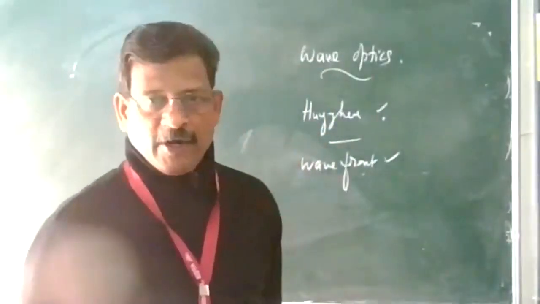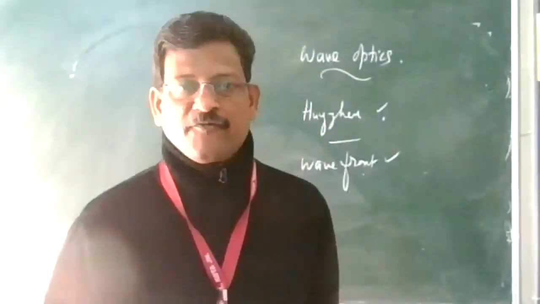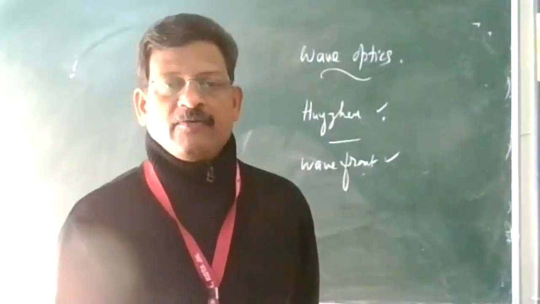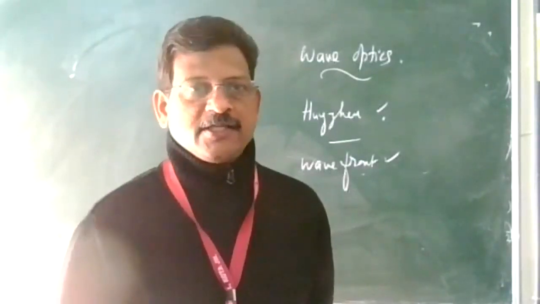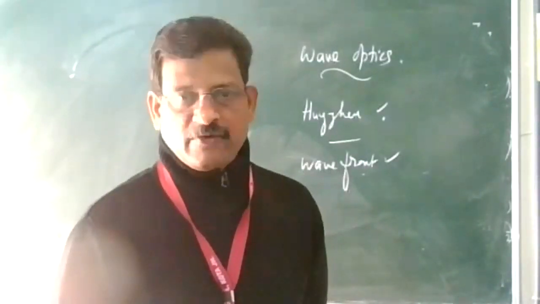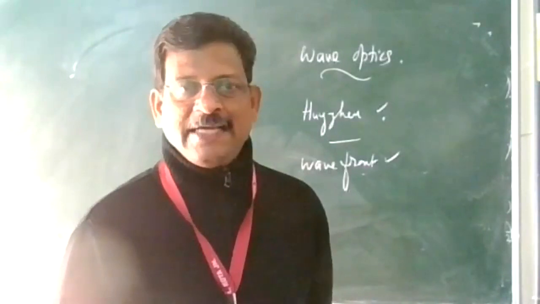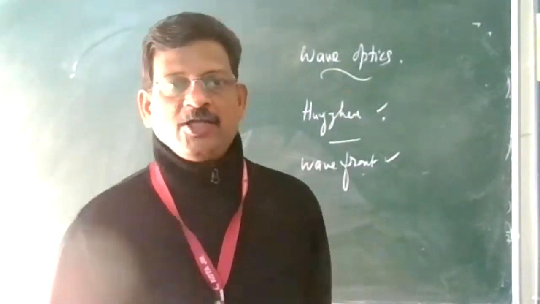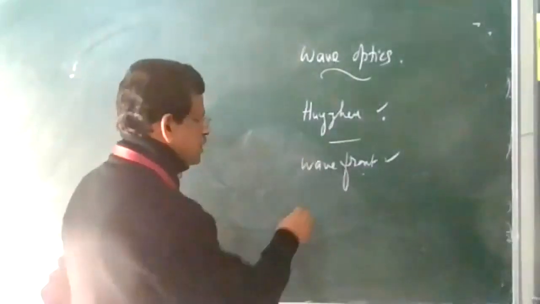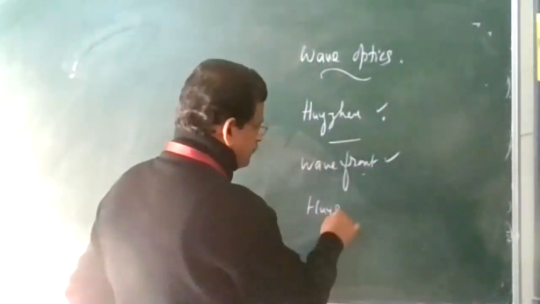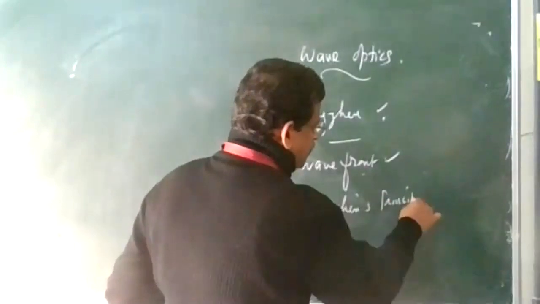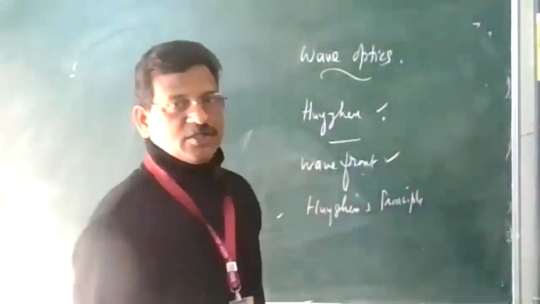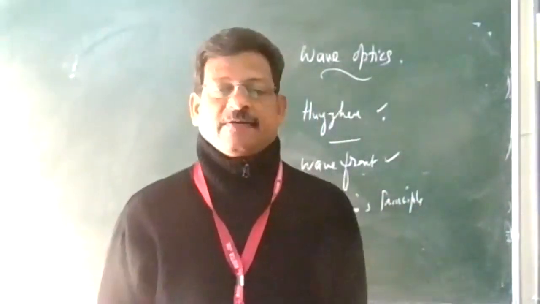The second point is the wavefront. The third point is the different types of wavefronts, where we have parallel rays, converging rays, diverging rays, etc. The next point is Huygens theory. Huygens principle is a very important point.